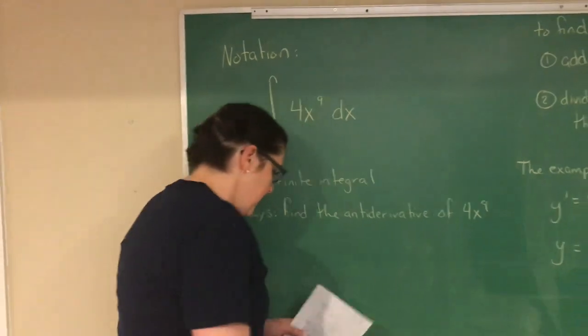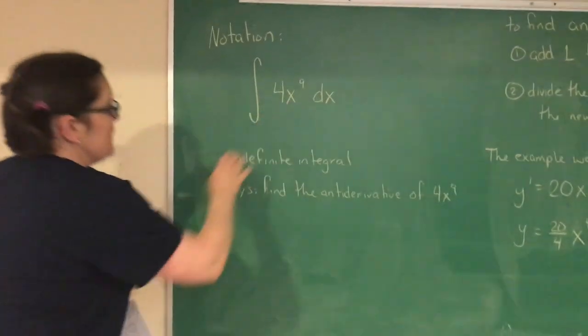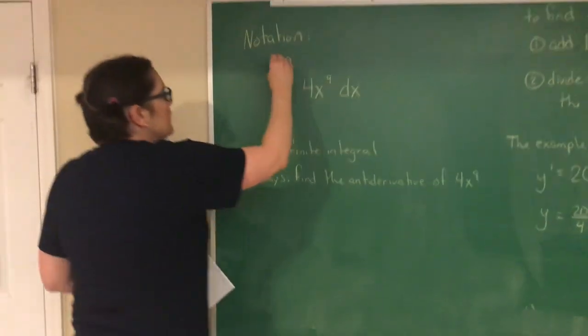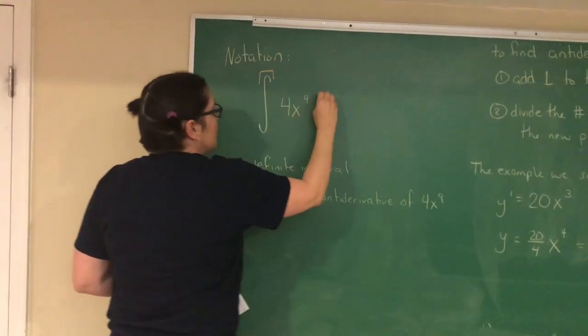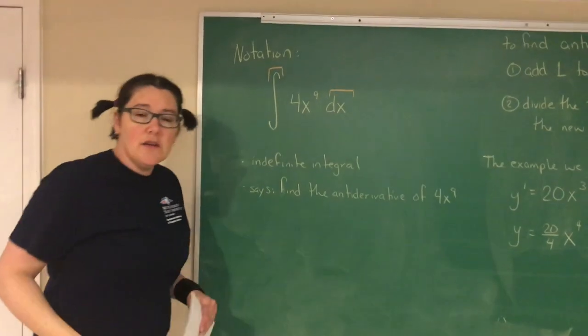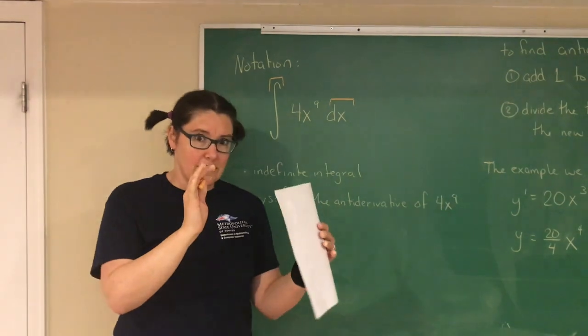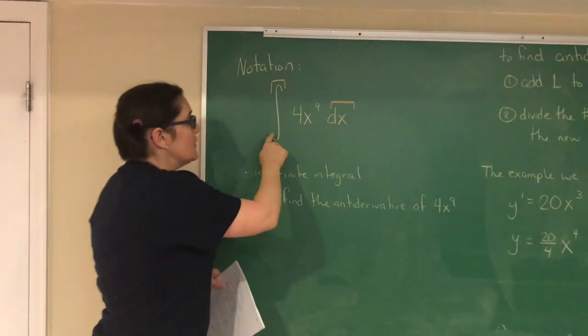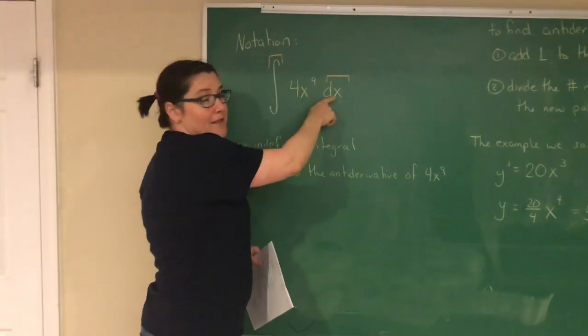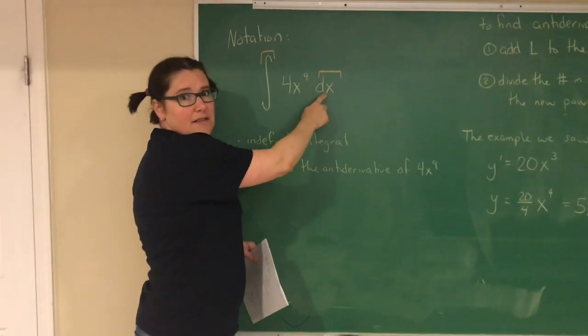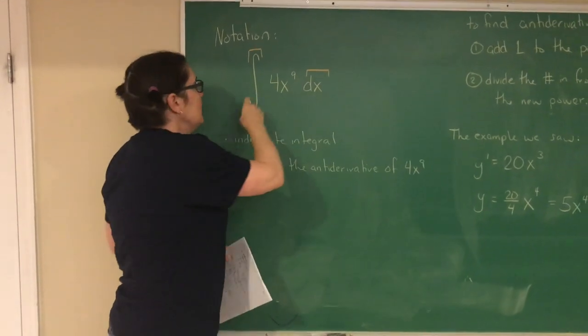Okay. Now, let's go back up to this notation up here. This long stretched out s and the dx at the end, those are always paired together, kind of like parentheses, in the sense that you're not going to see a long stretched out s without a dx at the end, and you're probably not going to see a dx without a long stretched out integral.